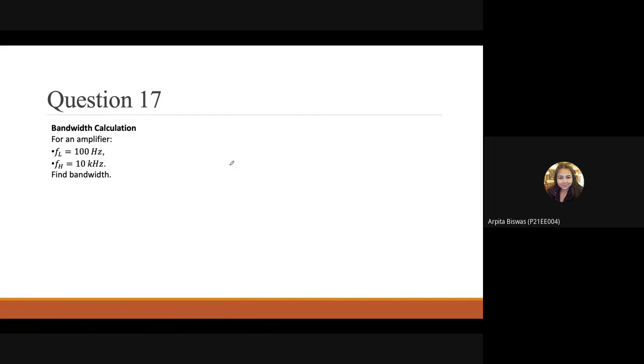So what is the value? Bandwidth equal to 9.9 K, 9900.